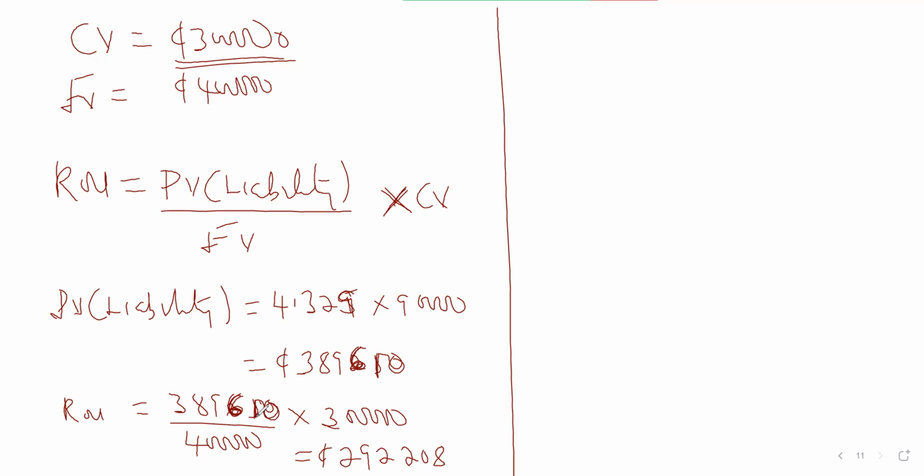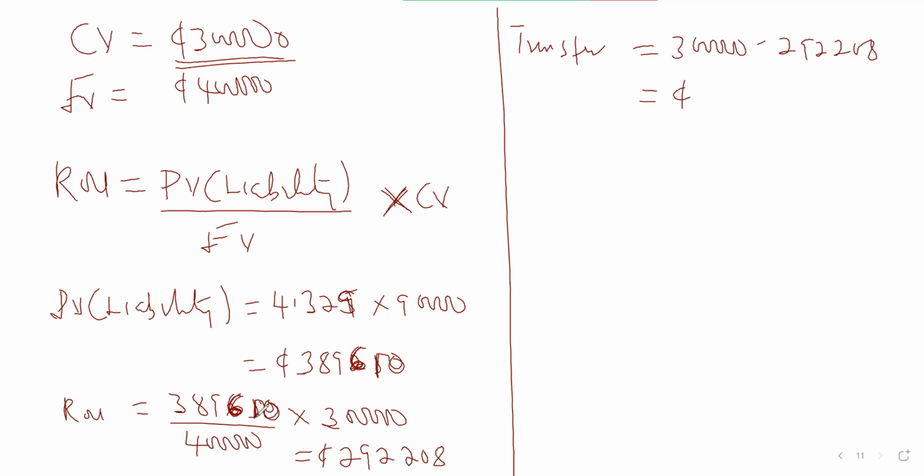Out of the 300,000, you are retaining 292,208. So what is the portion of the asset that you are transferring to the buyer? The ownership that you are transferring will be 300,000 minus 292,208. Is that correct?